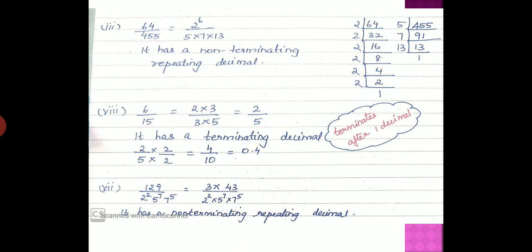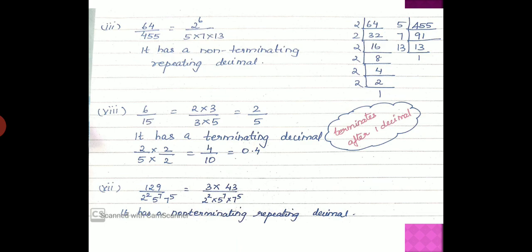Seeing 3 other than 5 is there, you will conclude that it is non-terminating repeating. But what happens here is 3 and 3 will get cancelled. So the rational number is 2 by 5. Now 5 alone is there. Therefore it is a terminating decimal. So the answer is changing. So please find the prime factorization of the numerator also.